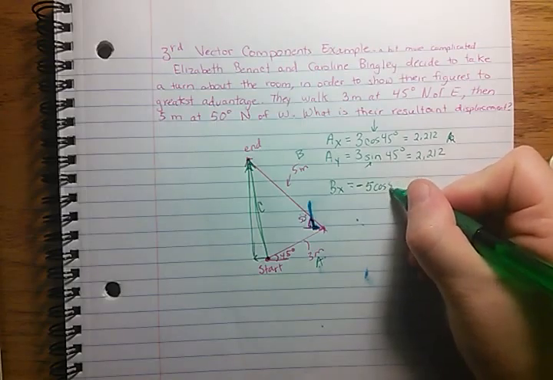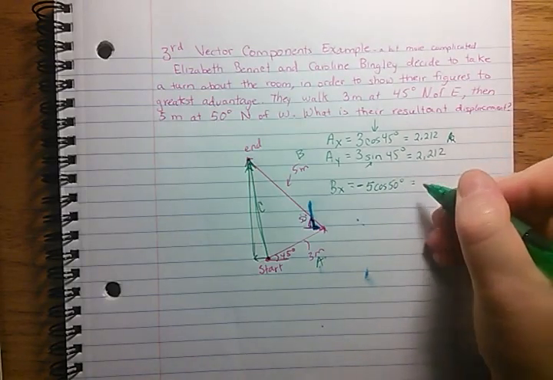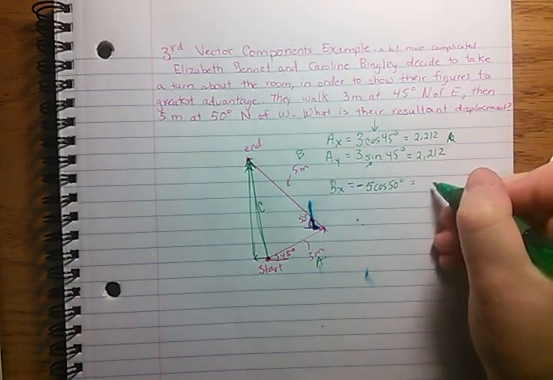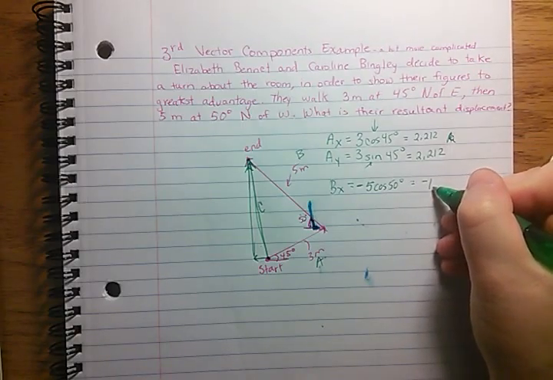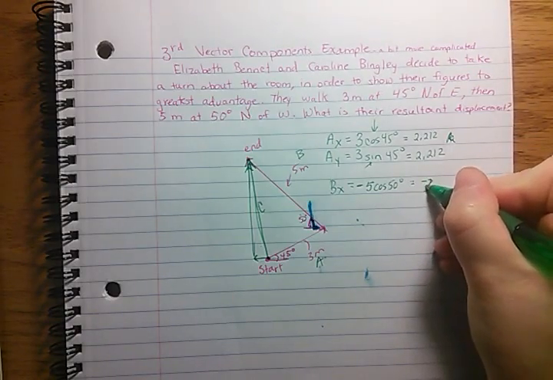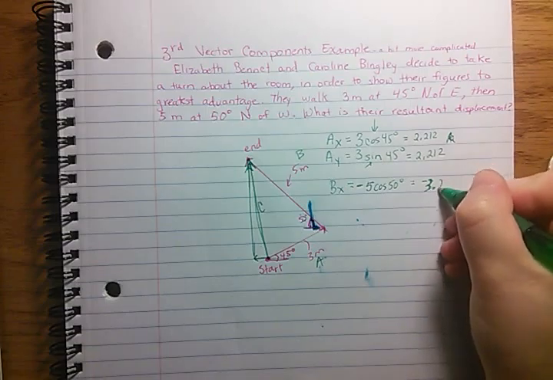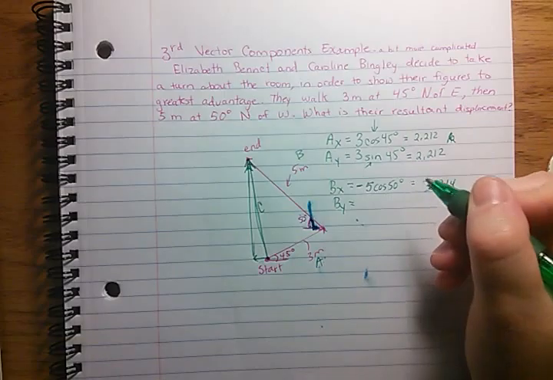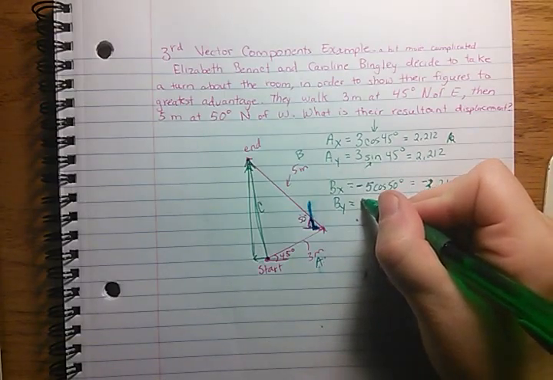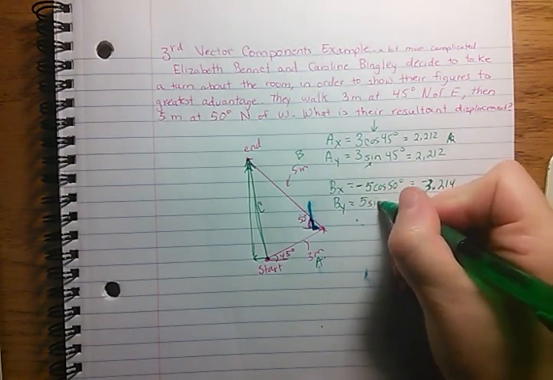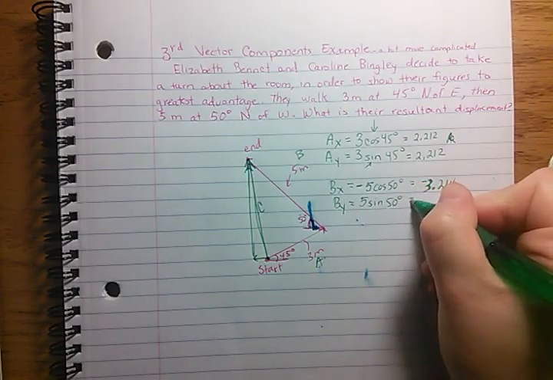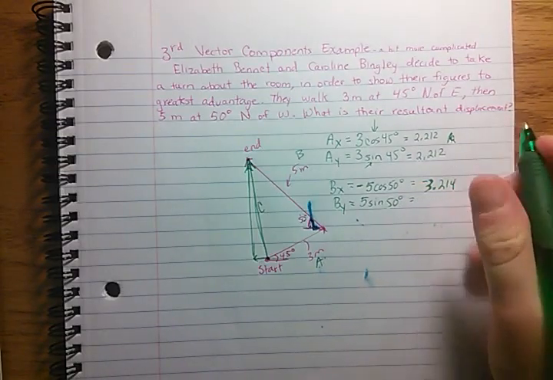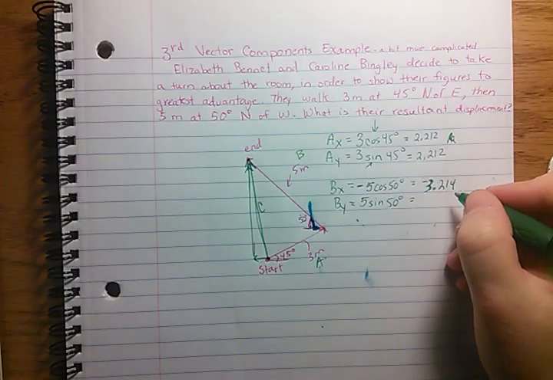So times the cosine of 50 degrees. Calculated that and got negative 3.214. And then By is going to be 5 times the sine of 50 degrees. So for that, we get 3.83.